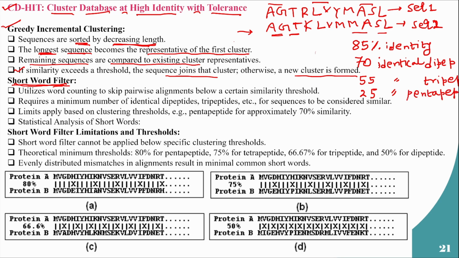So for 80%, 85% identity, you are expected to find these sort of statistics: 70 identical dipeptides in these two sequences, 55 identical tripeptides, 25 identical pentapeptides, and so on.